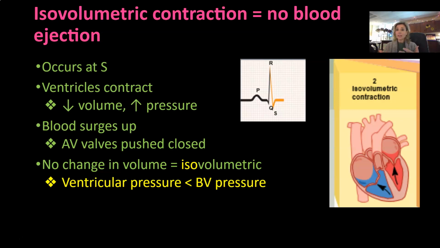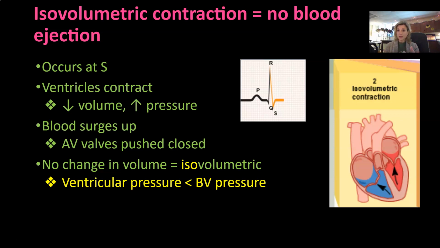So what's happening is that our cardiomyocytes in the ventricles are starting to contract, but not enough to increase the pressure in the ventricles so much that the blood is going to be ejected from those ventricles. What does happen, however, is that the blood surges up.